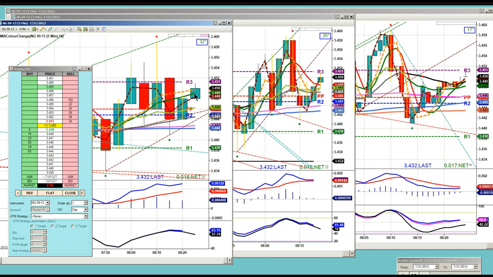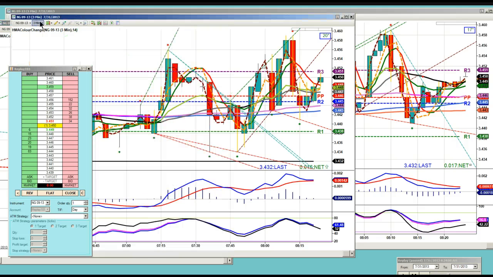So now when I look at this scenario, I've got the candle pushing through the HMA here. Notice that the candle is above the HMA. That's essentially what I'm looking for. And if I wait one more bar, let's go ahead and push play here, you'll probably see that the next candle will come in and the HMA will change color.